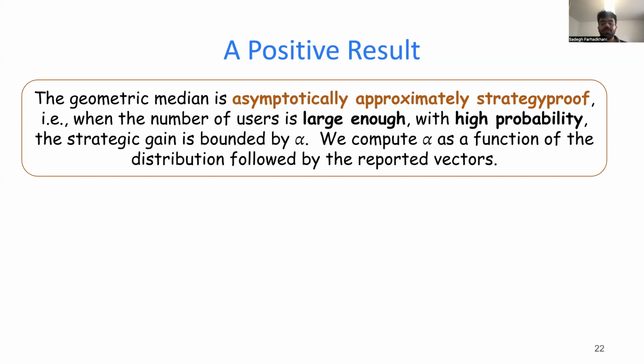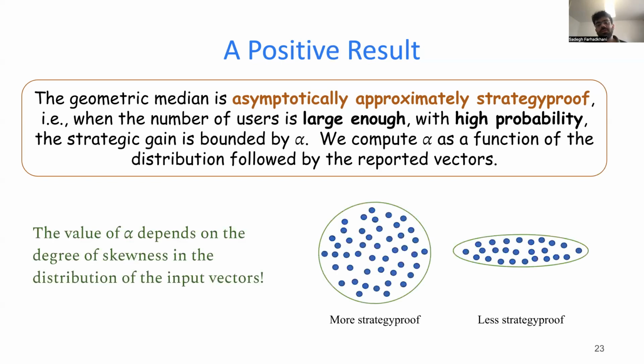In the paper, we compute this parameter alpha as a function of the distribution followed by the reported vectors. And intuitively, the value of alpha depends on the degree of skewness in the distribution of the input vectors. So if the distribution is highly skewed, the geometric median becomes less strategyproof.